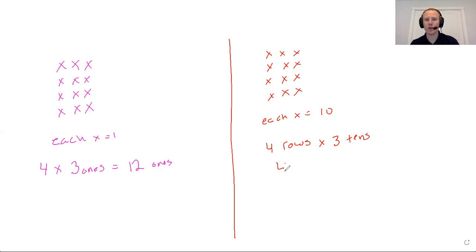This is really showing 4 times 30, right? If I combine everything in that row, it's 10, 20, 30. So it's 30 there, 30 there, 30 there, 30 there. I have 4 groups of 30. So if I do 4 rows of 3 tens, then I end up with 12 tens, right? Well, 12 tens is 120, right?